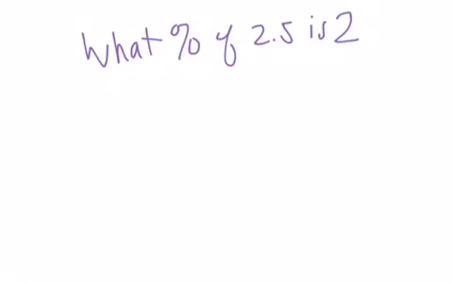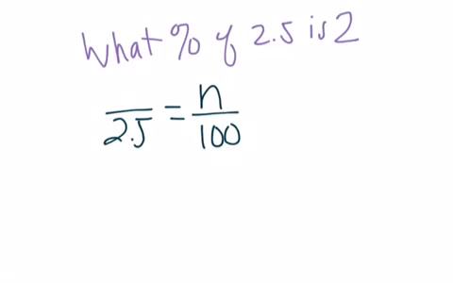So we're going to use the percent proportion here. We set it up as n over 100 because we're looking for the percent. Percent is always out of 100. Then we put the part over the whole. Our whole comes after "of," so it's 2.5. Then our part is going to be 2. So you set up part over whole, and then n over 100.